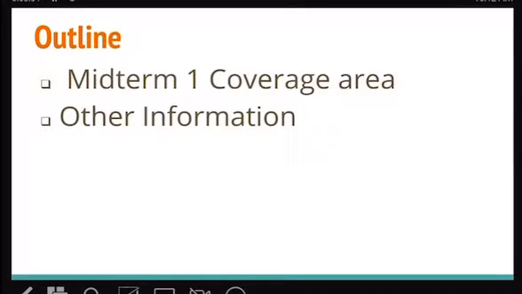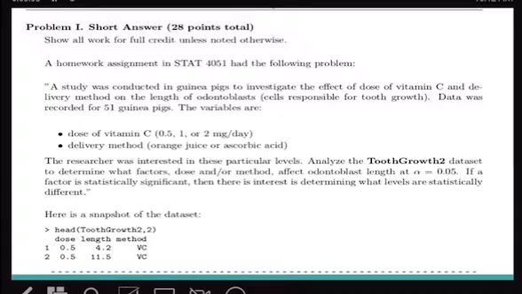Okay, so the midterm two area of coverage, of course, I mentioned the other time, is from two-way analysis of variance into ANCOVA. And of course, tonight, you're basically going to see your grade for assignment 6. The ANCOVA that will come in midterm 2 will not be complicated.